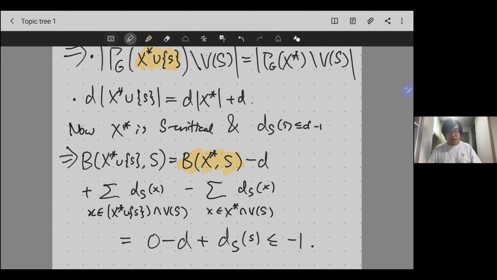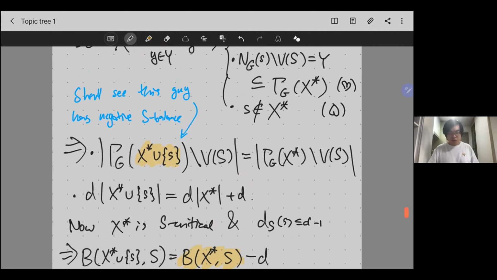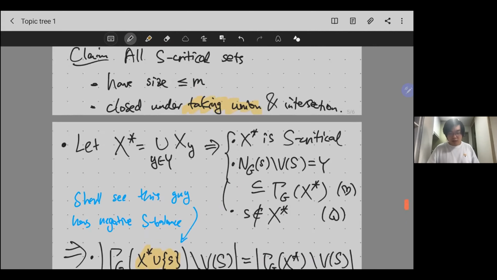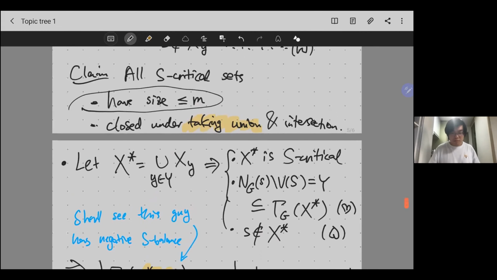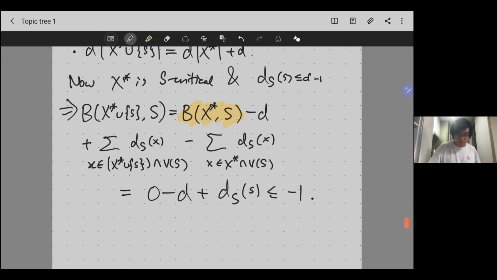We have to show that X star union S is not big. S is extendable means that all small sets up to size 2m are extendable. But this is also immediate because X star is S critical, and all critical sets have size at most m, right? By the claim.